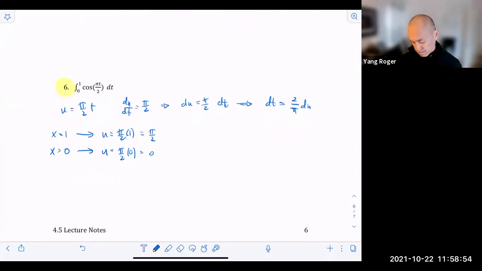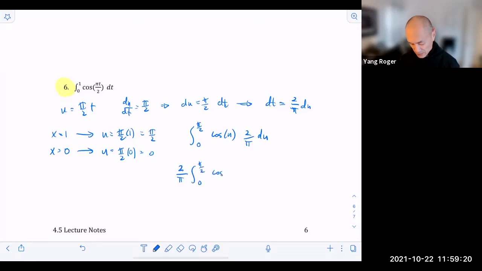So my integral is going to go from 0 to pi over 2 now. I have cosine of u, and then my dt gets replaced with 2 over pi du. This is just a constant times your integral. So you can factor out the 2 over pi. And you're going to get from 0 to pi over 2 cosine of u du.